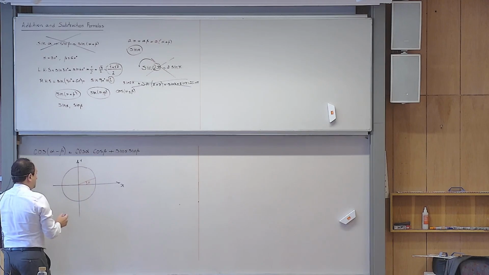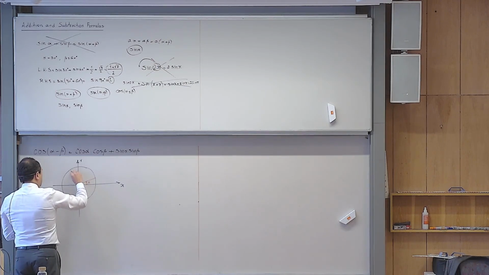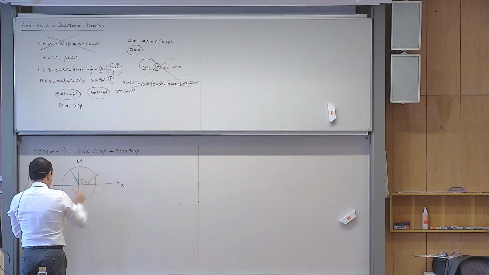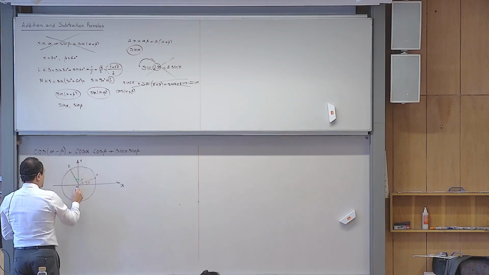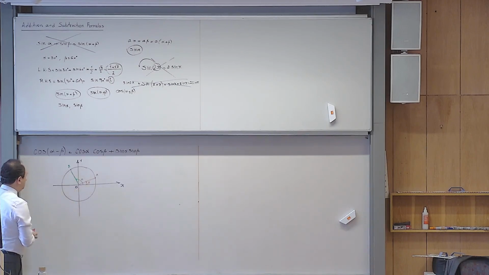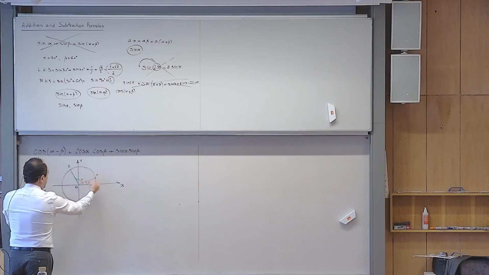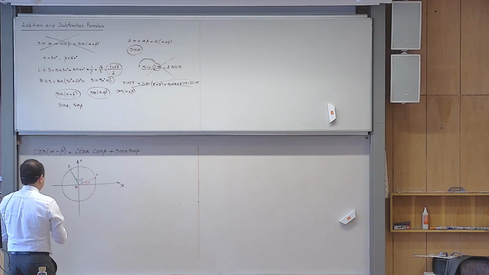Let us assume that this angle from here to here is alpha. Then I have a point A here and a point B here. Let us take the origin as O as usual. Because I have two angles, you just draw two angles. Let us say one of them ends here, the other one ends there. So can you tell me what is this angle now?